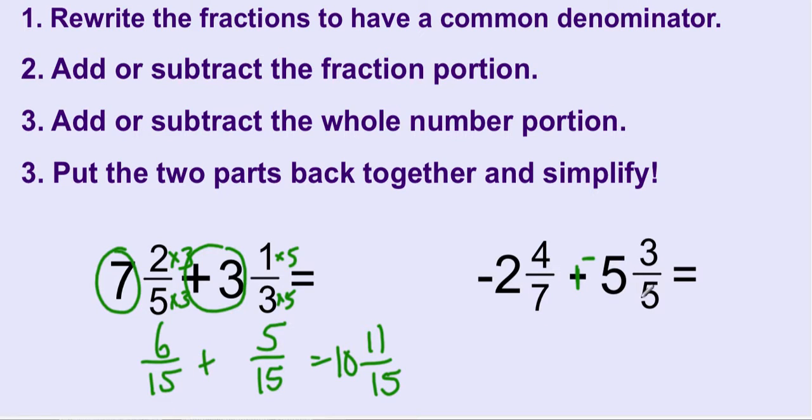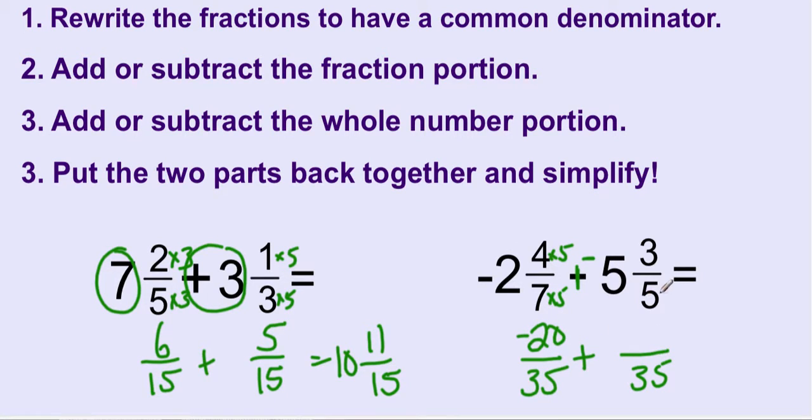So take care of the fraction parts first. I have a 7 and a 5 for denominators. Unfortunately, the only thing they have in common is 35. To get from 7 to 35, I multiply times 5, so do the same thing up top and get -20.